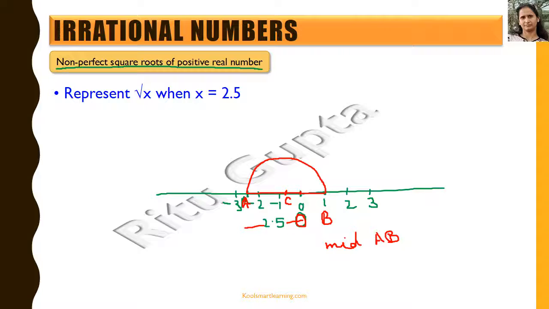From the point O, we draw a perpendicular on the line segment AB. We mark the point where this perpendicular intersects the semicircle as D. So we are saying OD will represent root of 2.5. Now let's see how it does that.